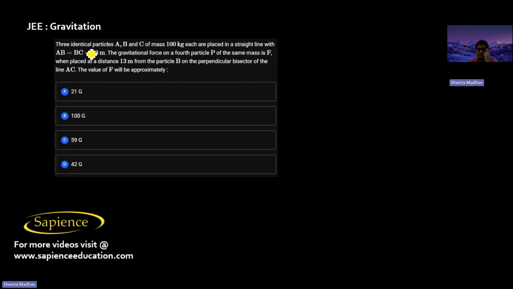Then, three identical particles A, B, and C of mass 100 kg each are placed in a straight line with AB equal to BC equal to 13 meters.